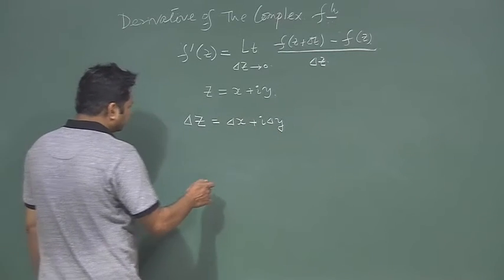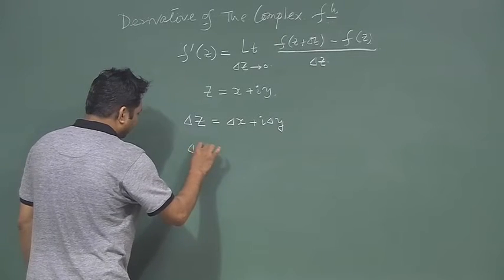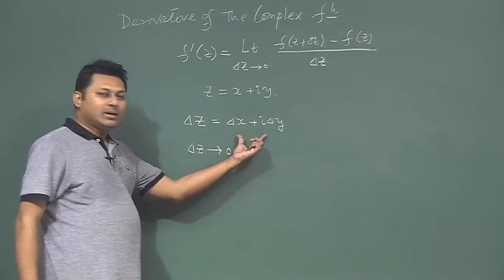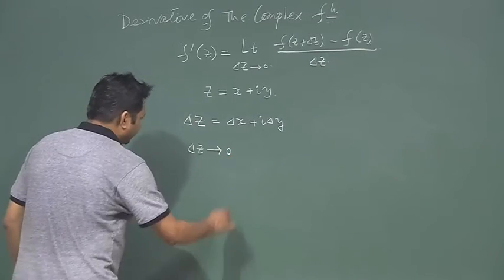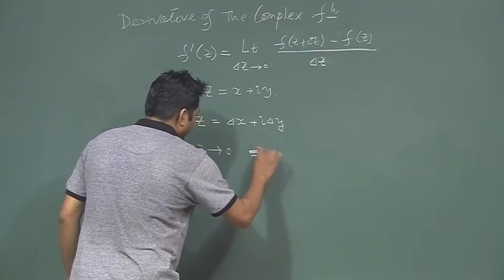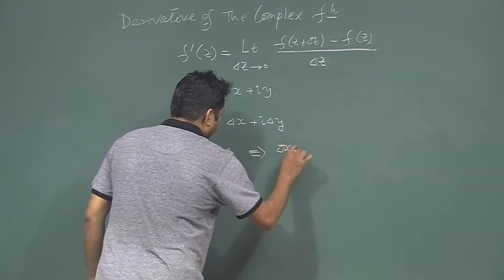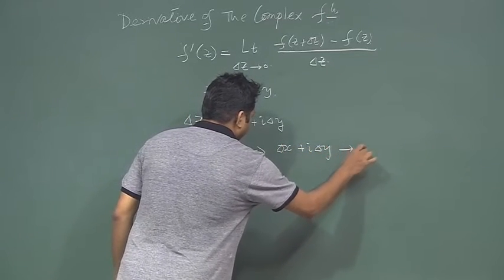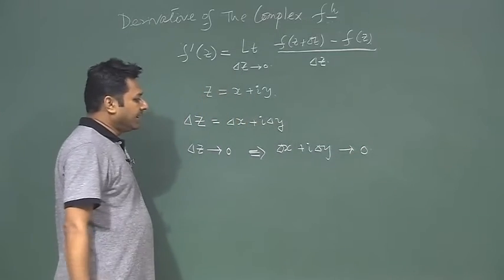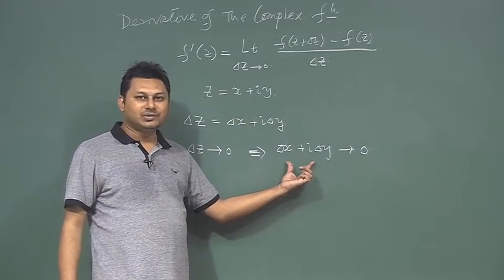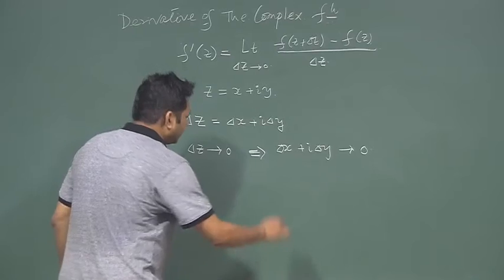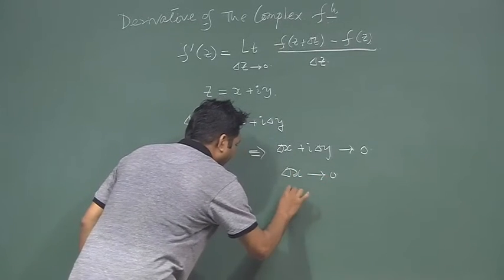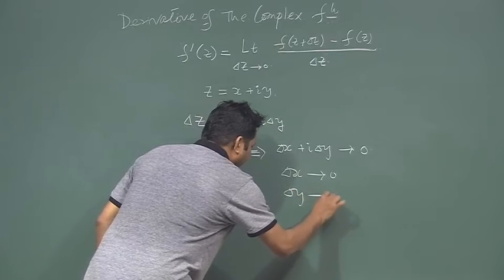Now, if I say delta z tends to 0, that means this entire quantity tends to 0, which suggests that delta x plus i delta y tends to 0. That essentially means that delta x tends to 0 and delta y tends to 0.